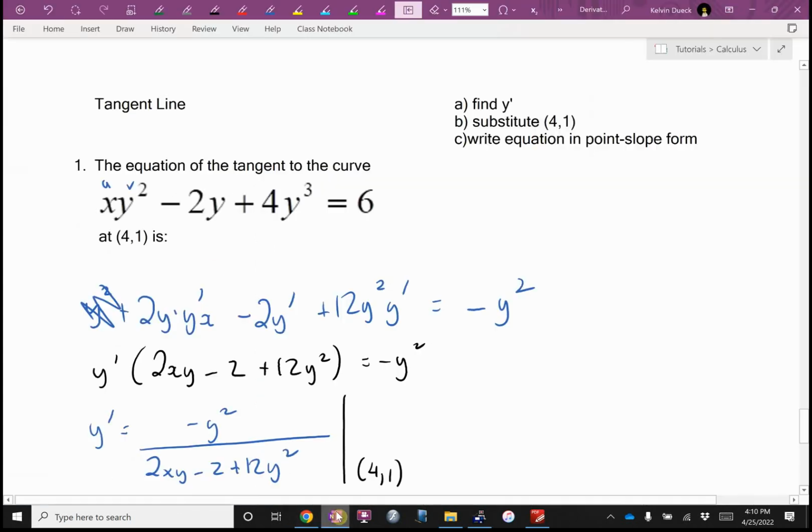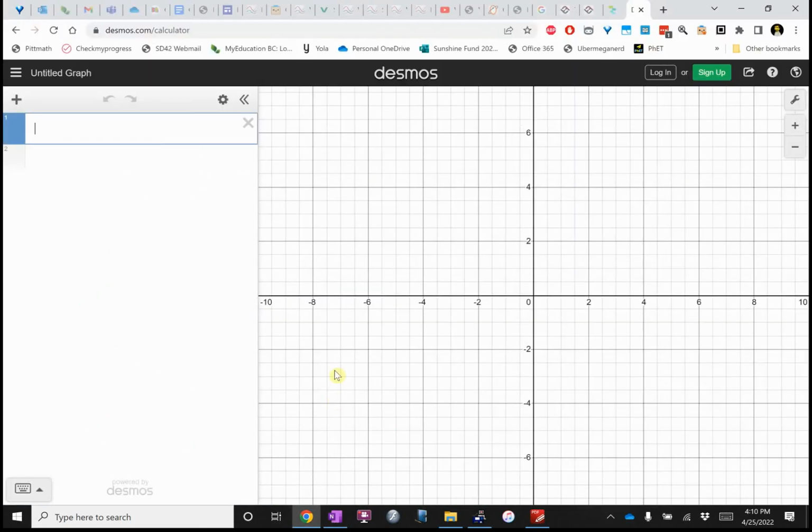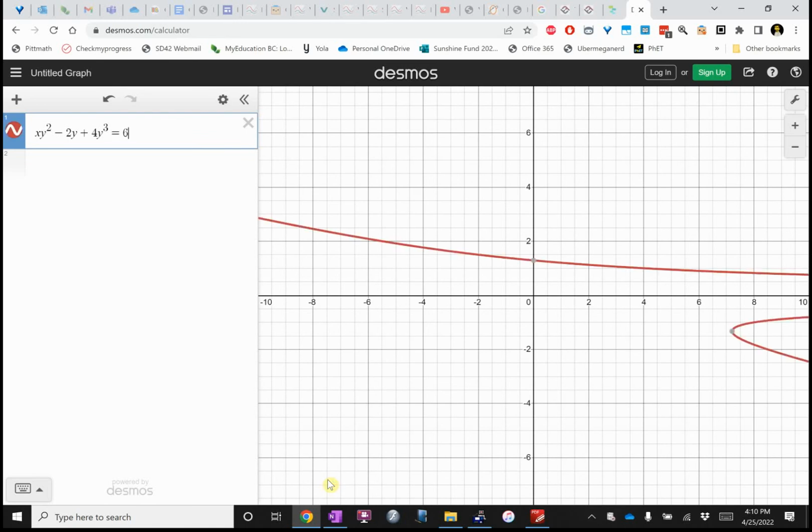And what was the equation? It was xy squared minus 2y plus 4y cubed equals 6.